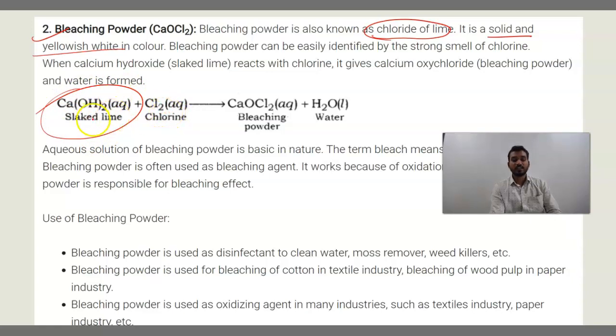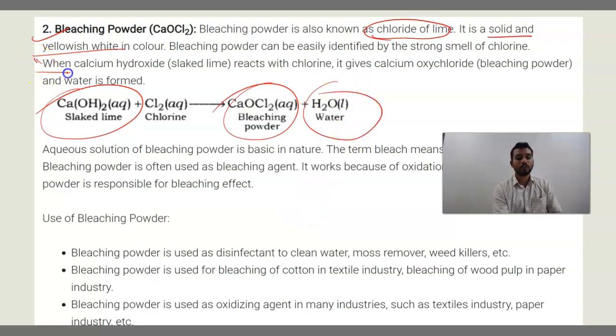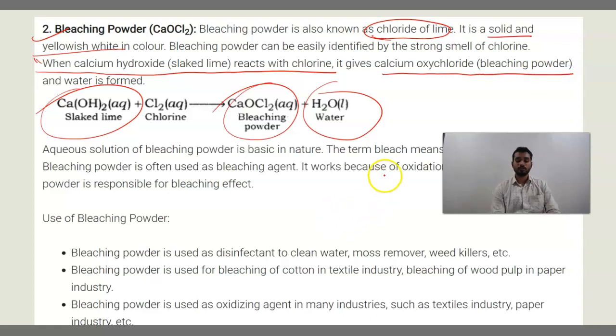When we combine calcium hydroxide with chlorine, what do we get? Bleaching powder, that is calcium oxychloride, and water. You can see here also, when calcium hydroxide, slaked lime, reacts with chlorine, it gives calcium oxychloride, that is called bleaching powder.